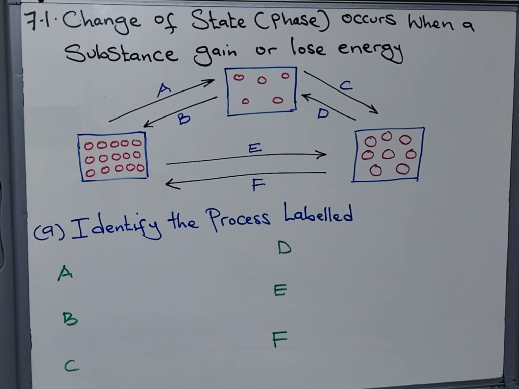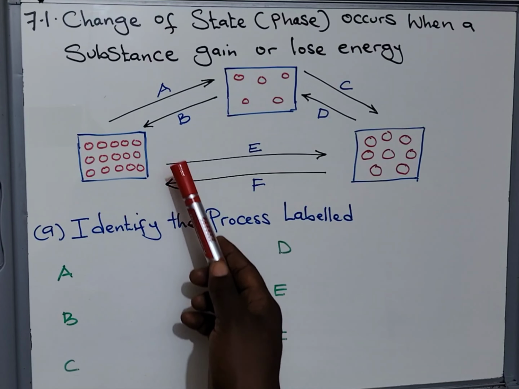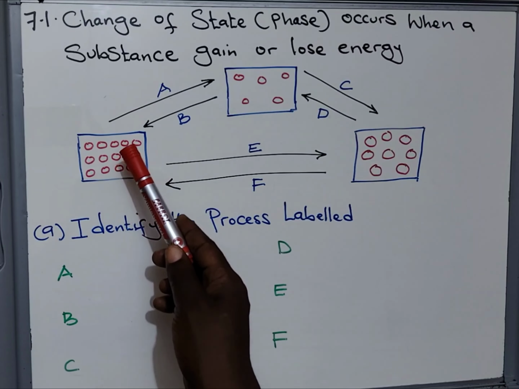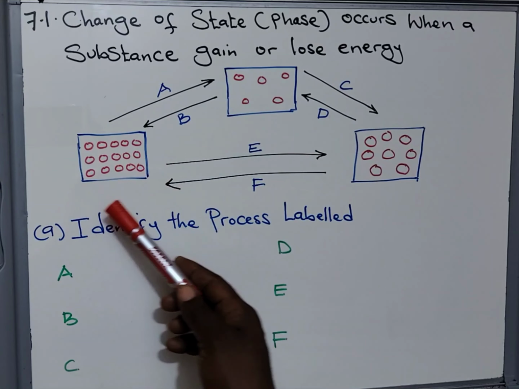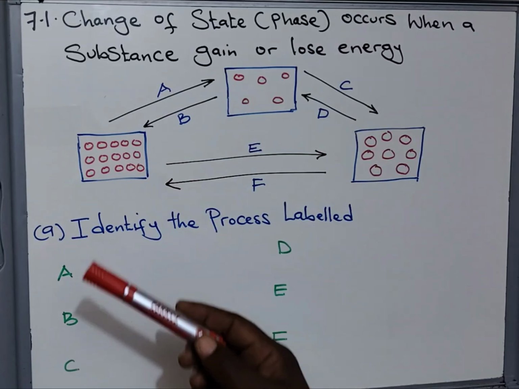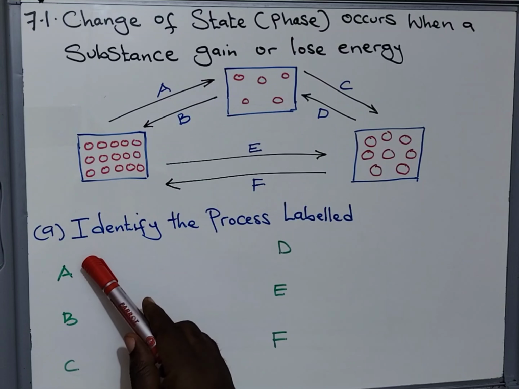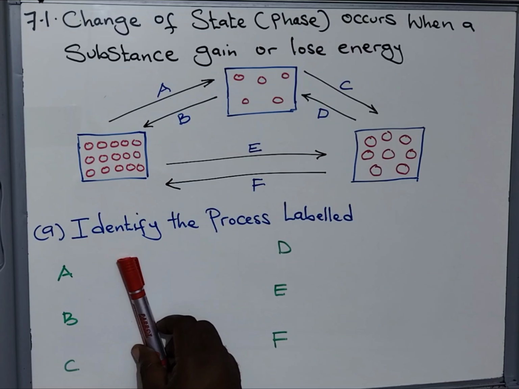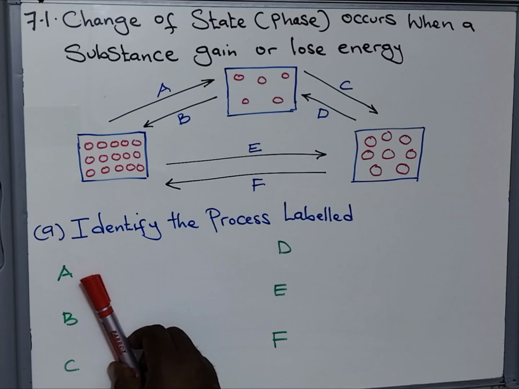Okay, so we are having these different changes of phase. This one changing into that one changing into this one, and we are seeing it throughout the entire diagram. And the statement reads, identify the process labeled A.